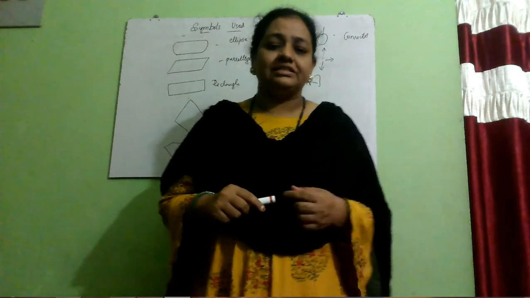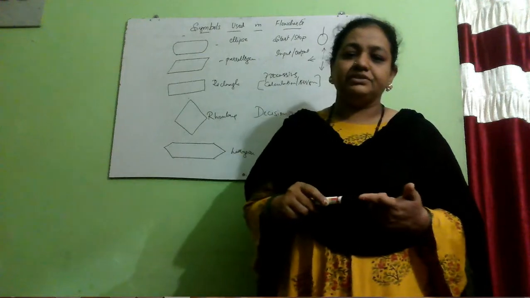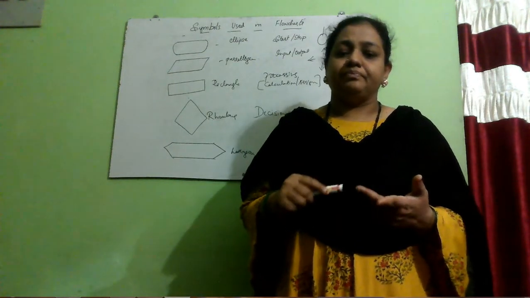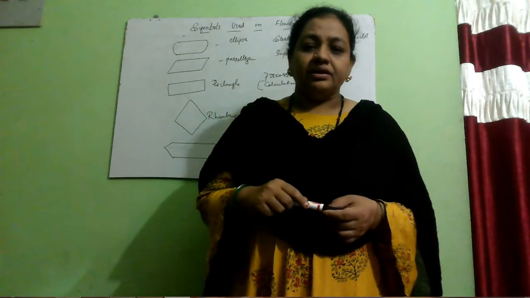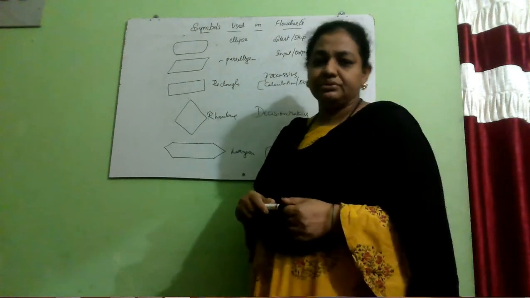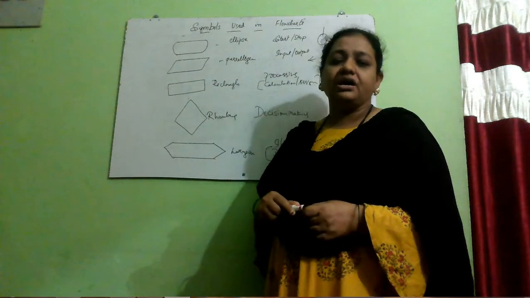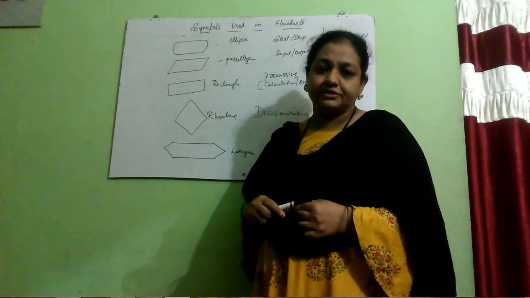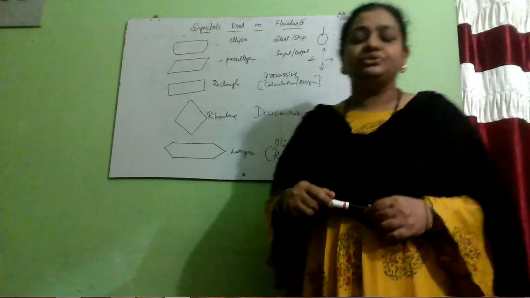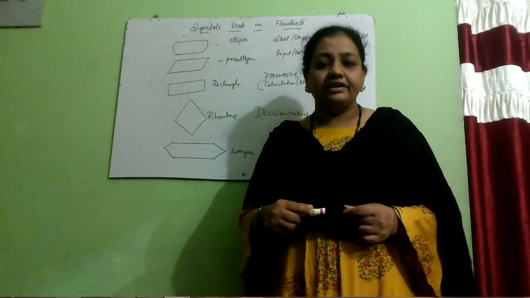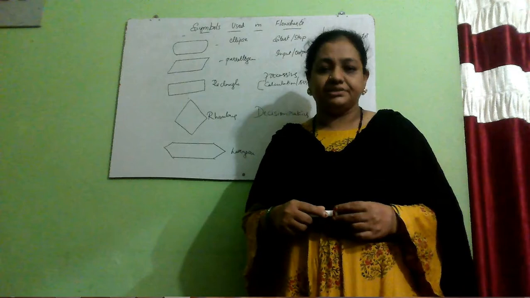In algorithms you do write different steps, but in flowchart the same steps will be represented using the symbols, or rather I would say geometrical symbols such as ellipse, rectangle, parallelogram, rhombus, hexagon.